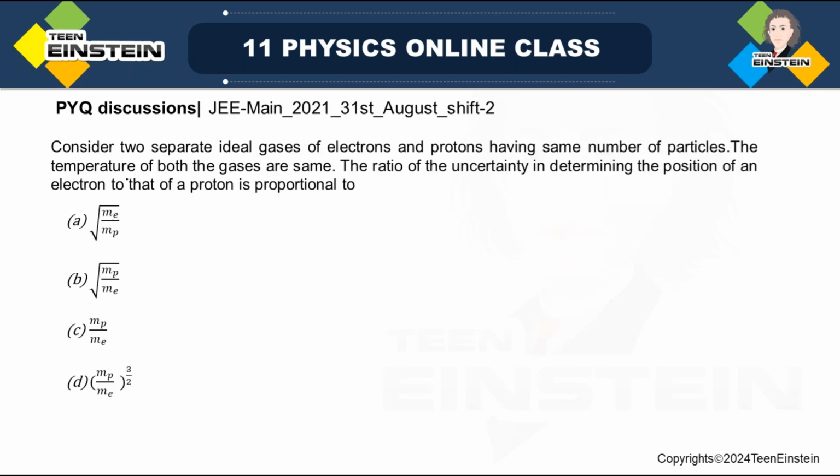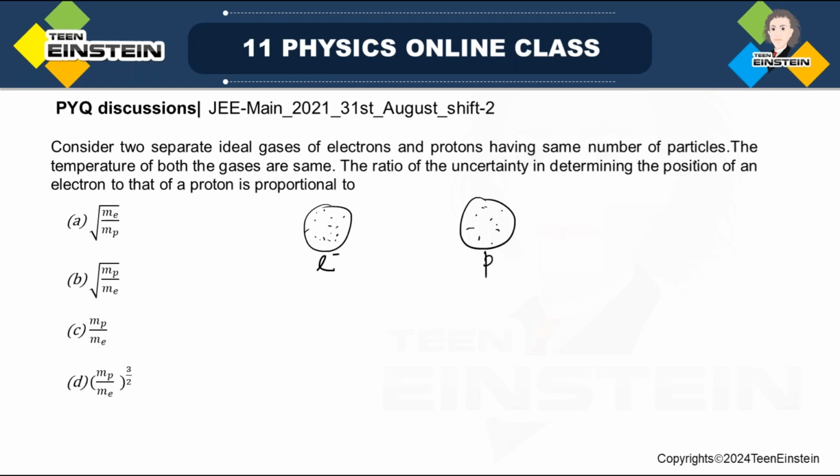This question says consider two separate ideal gases of electron and proton. So I have ideal gas in a container, ideal gas of electron and ideal gas of proton. Same number of particles.